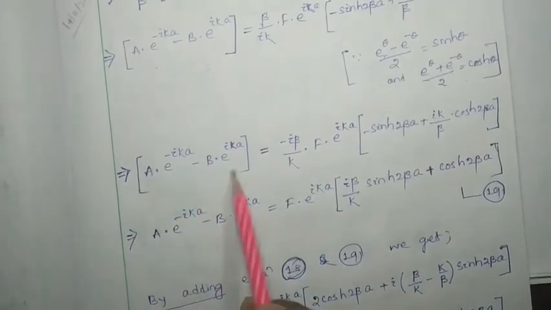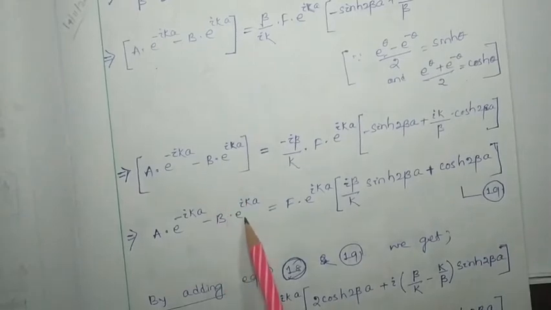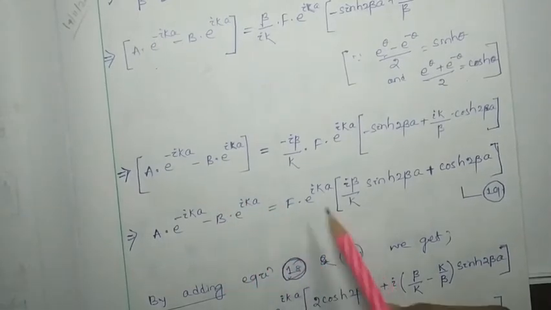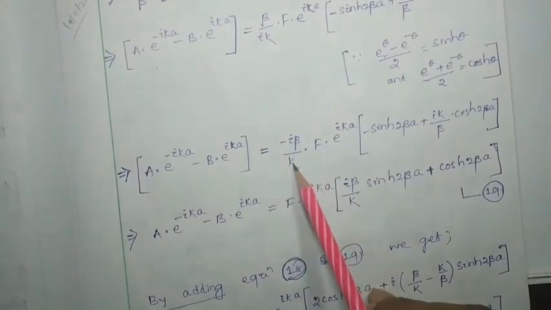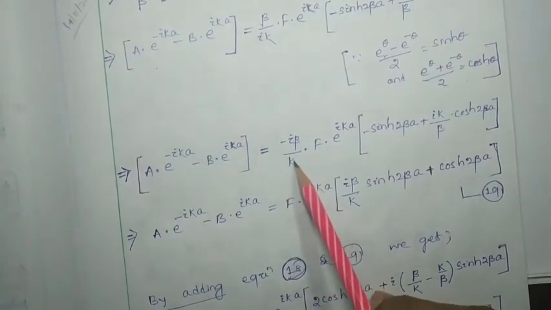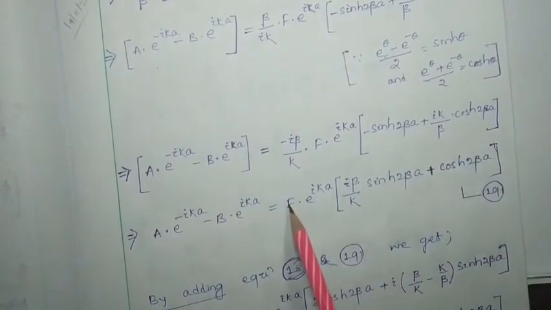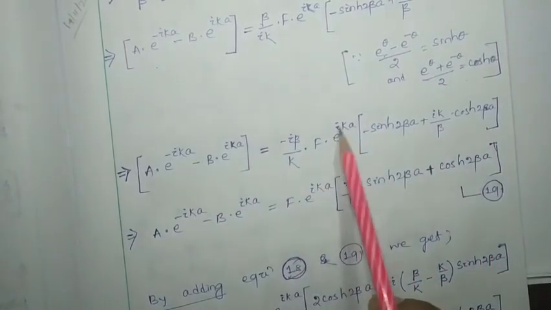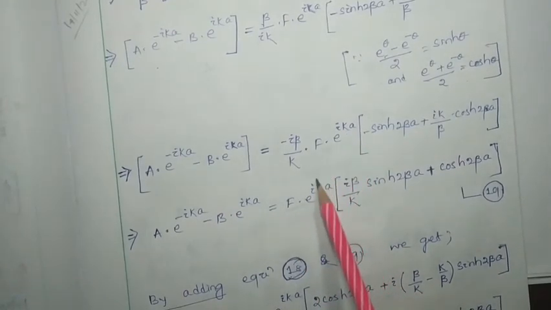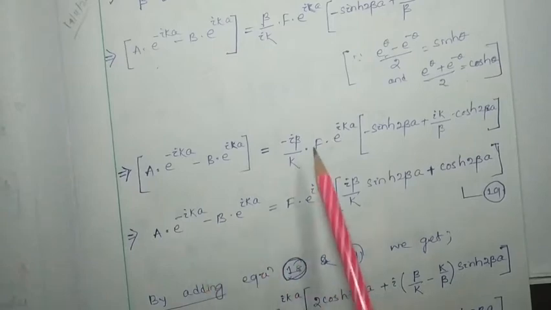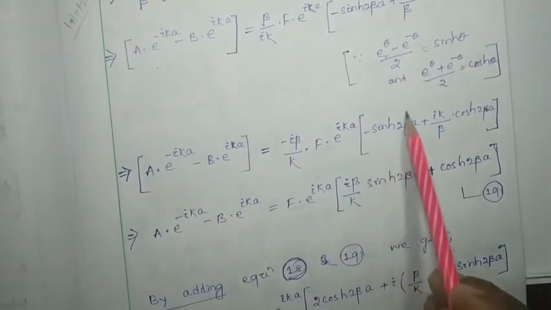The left hand side part is A e to the power minus ik minus B into e to the power ik is equal to, here minus i beta by k is going to be multiplied with this term and this term. Okay, so f e to the power ik is written like this, nothing to be changed. Here minus i beta by k is going to be multiplied with this term.